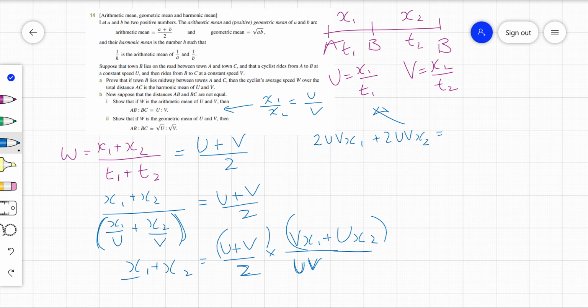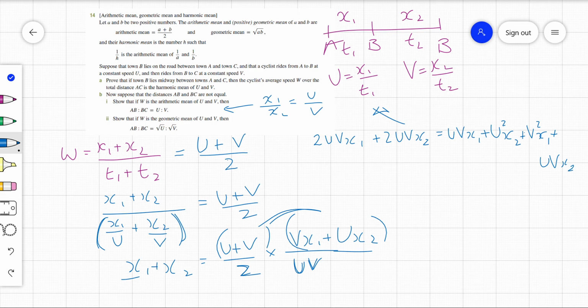And then if I expand out these two brackets here, I'm going to get uv x1, u squared x2, a v squared x1 and a uv x2.